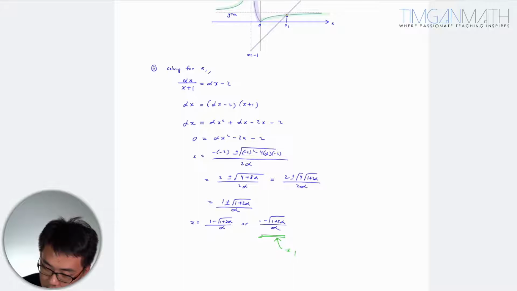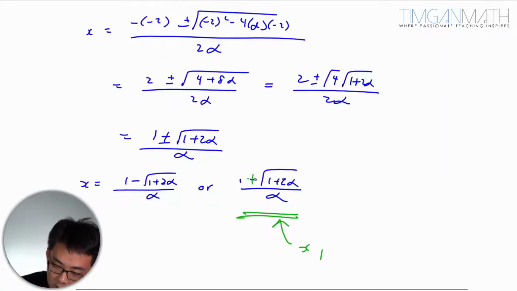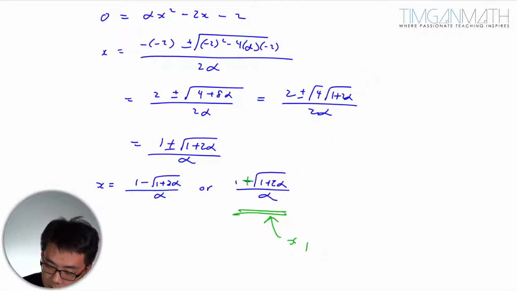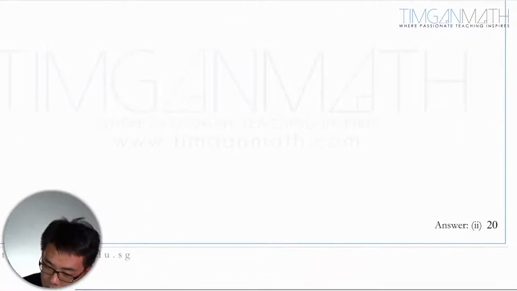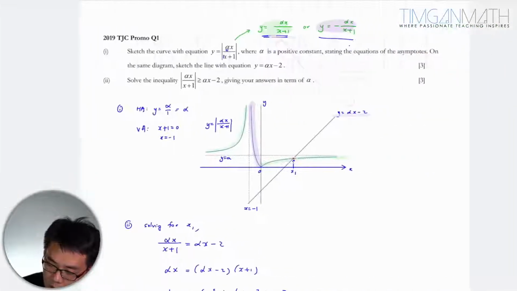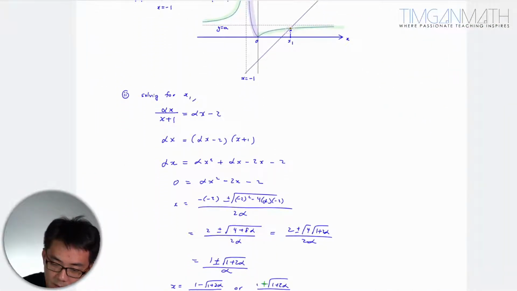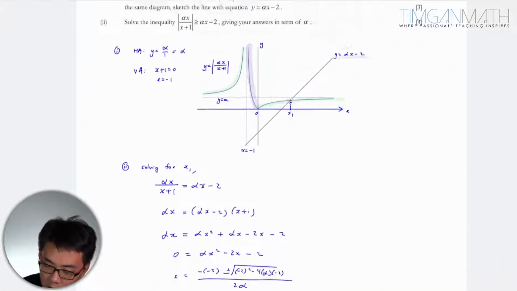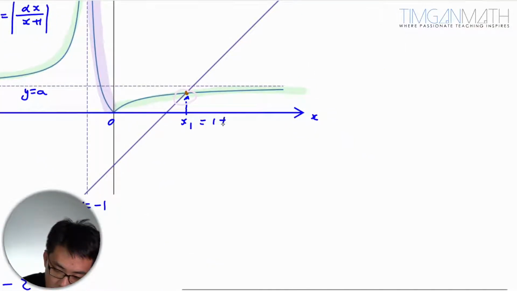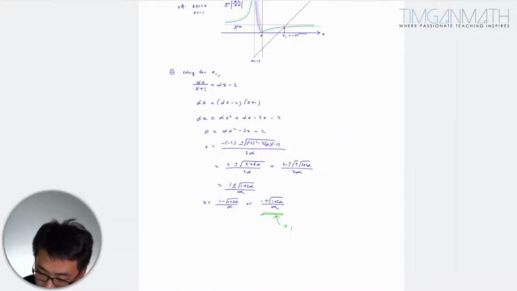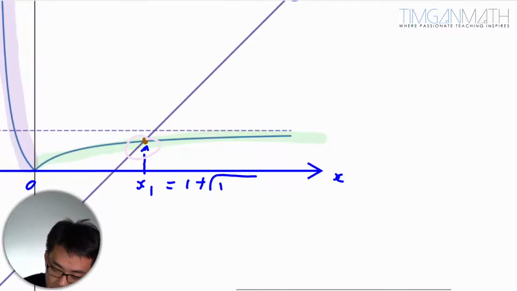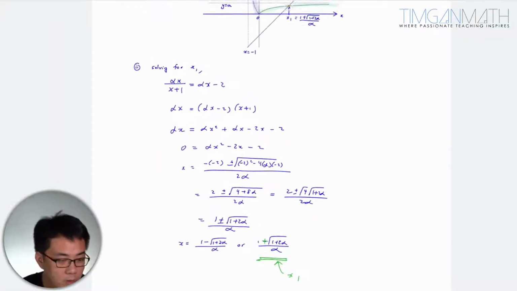The plus should be the plus, sorry, the plus one. Yep, there you go. So in this case, once done, we are going to get this as 1 plus the square root of 1 plus 2 alpha. Okay, there you go. Solved.